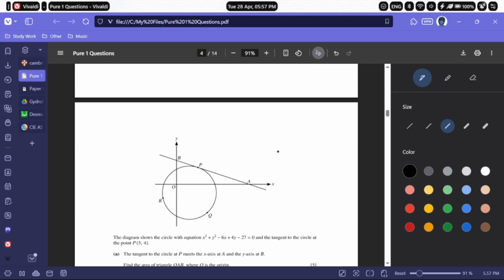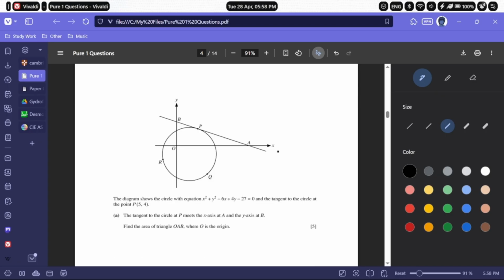So now we have this question over here. The diagram shows a circle with equation x squared plus y squared minus 6x plus 4y minus 27 equals 0, and you're given the point 5 comma 4.